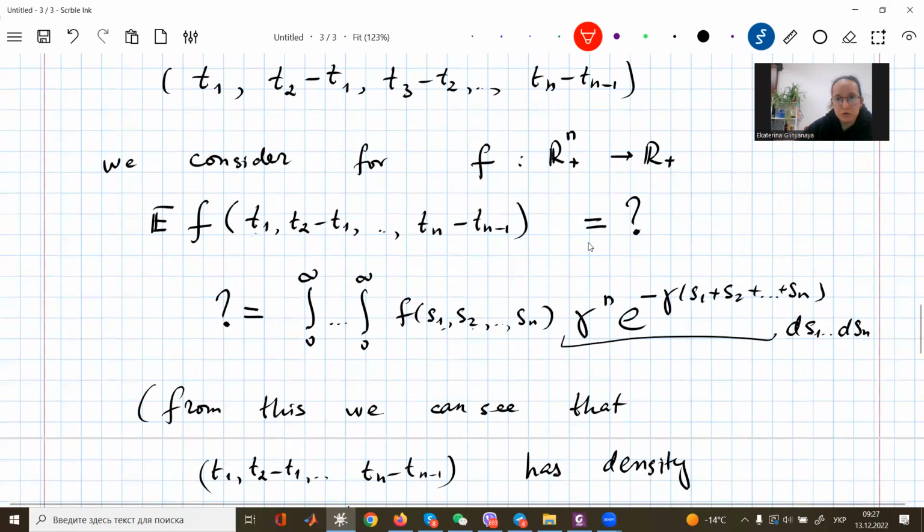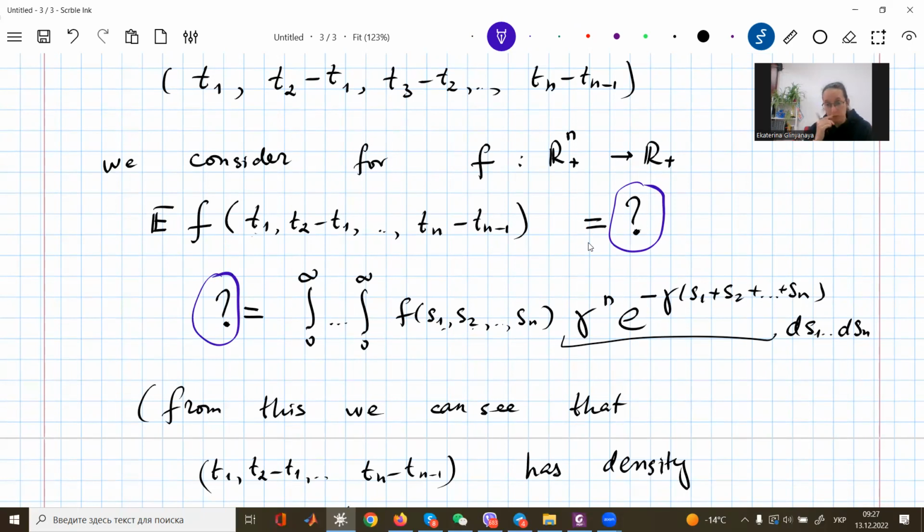So how to prove this formula? So let's try to prove this formula.